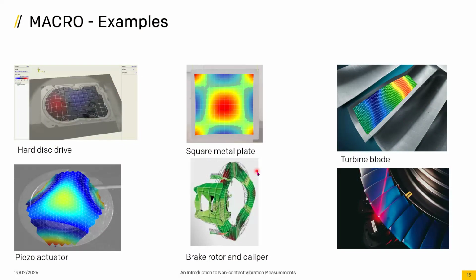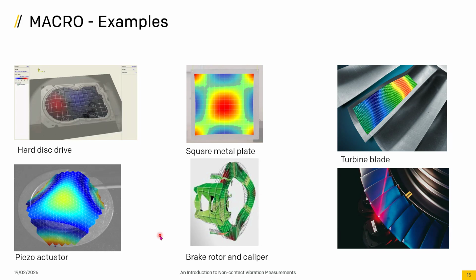Here's a matrix of different examples. This is more of a scanning vibrometer measurement, whether it's the cover of a hard drive, or a turbine blade, or a brake rotor and caliper assembly, where there is a direct relationship between the in-plane and out-of-plane components, and the cross-coupling between these two is one of the causes of the brake squealing that I'm sure most of us have experienced personally.